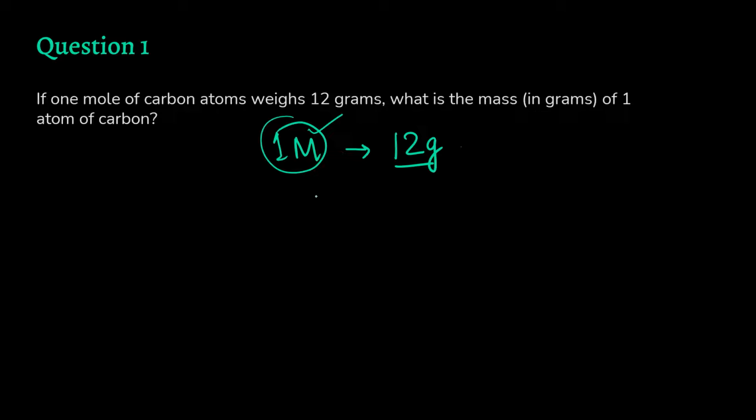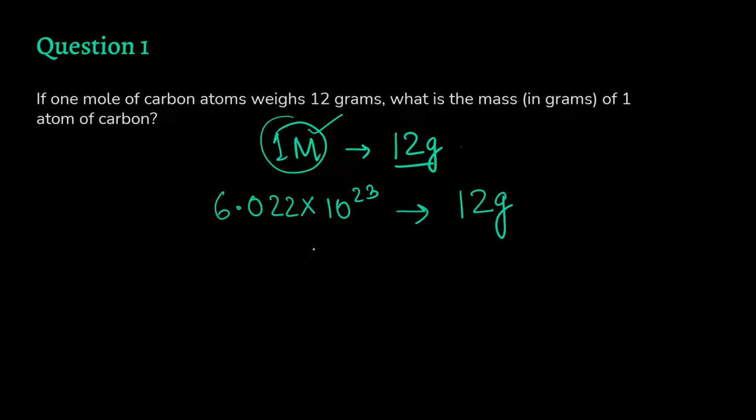So if you were to calculate the mass in grams of 1 atom of carbon, 1 mole is equivalent to 6.022 into 10 to the power 23 atoms. So this many atoms would have the gram atomic mass of 12 gram in the case of carbon.